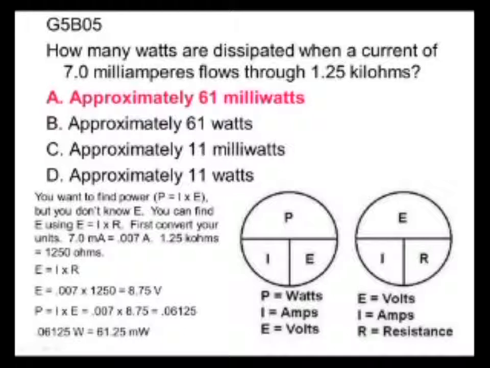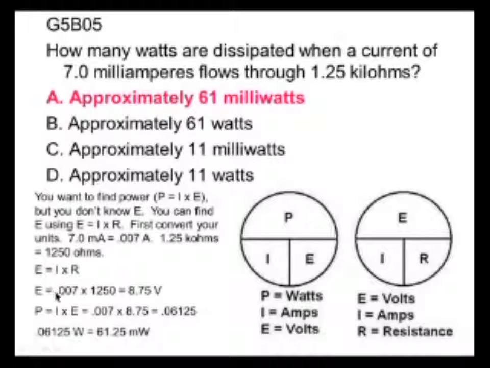And for this to work, you have to reduce it to the basic units of volts, ohms, and amps. So first you have to convert your units. We know that 7 milliamperes is 0.007 of an amp, and 1.25 kiloohms is equal to 1,250 ohms.